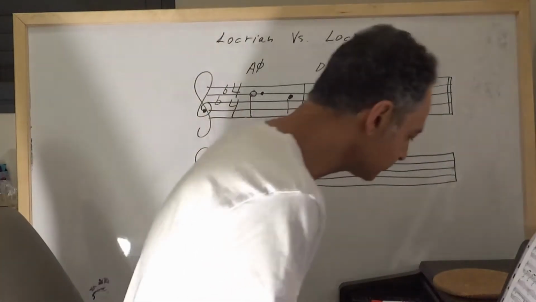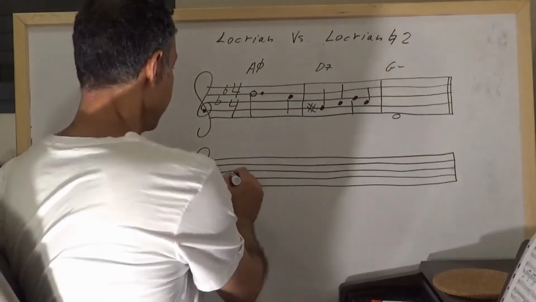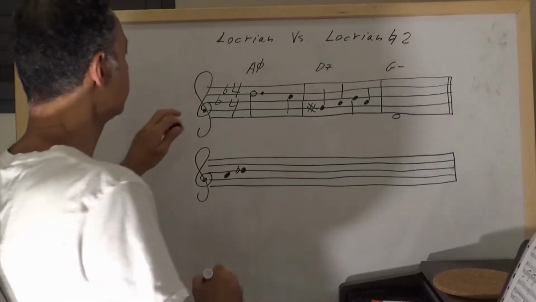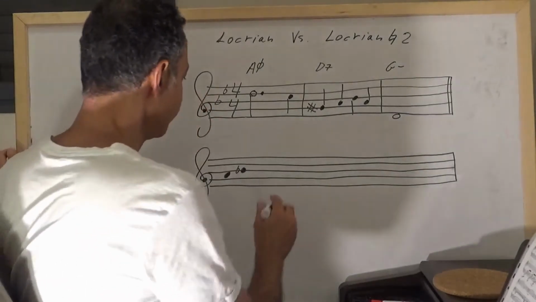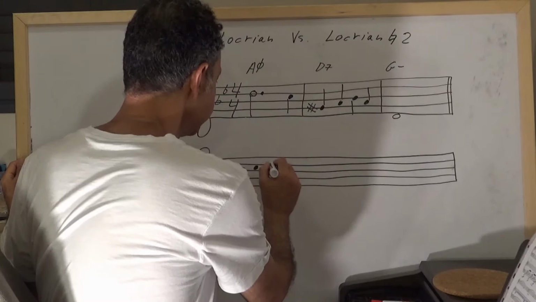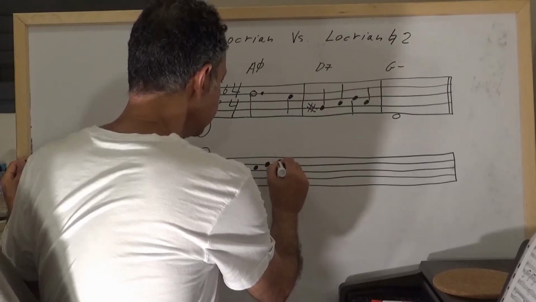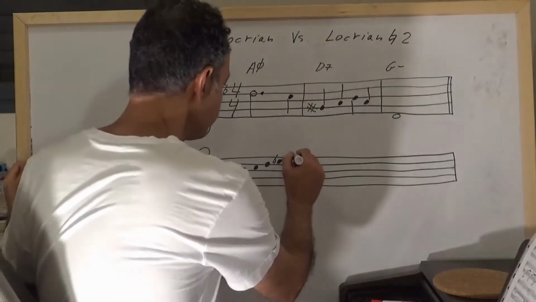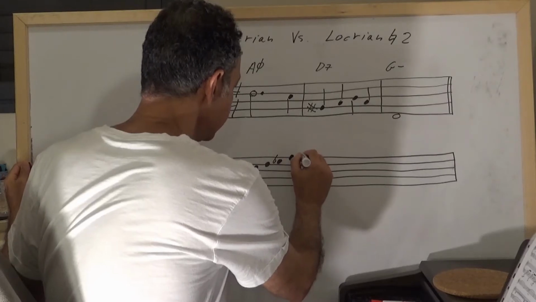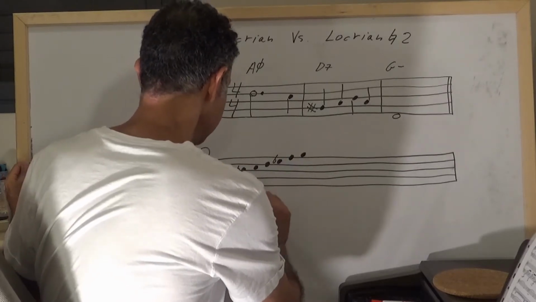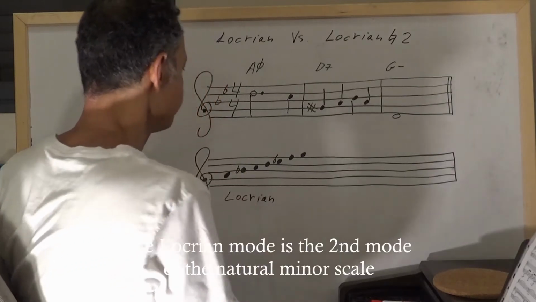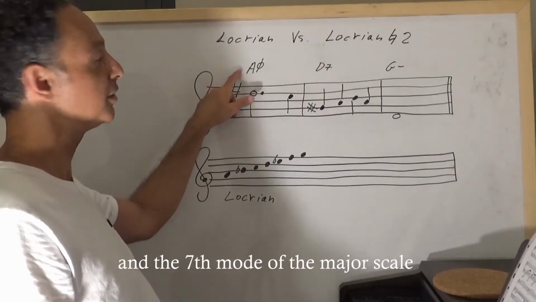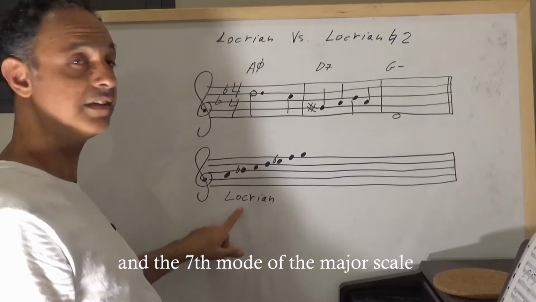So it's going to be A, B flat, just because we have the B flat accidental over here, C, D, E flat because we have the E flat accidental over here, F and G, the Locrian.